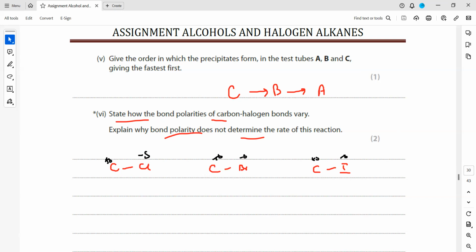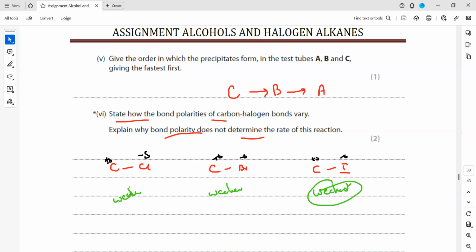The rate of a reaction depends on bond strength rather than bond polarity. When we compare the strength of the bonds, the carbon iodine bond is the weakest. This is weaker, and this is also weak comparatively, but the weakest is carbon and iodine because of a greater bond length.